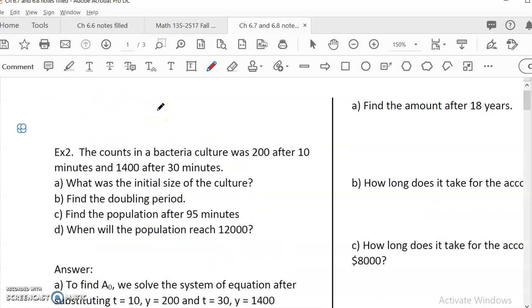The main things that you need to be aware of if someone gives you a word problem of exponential growth or decay: you always want to make sure that you have one of these set up.